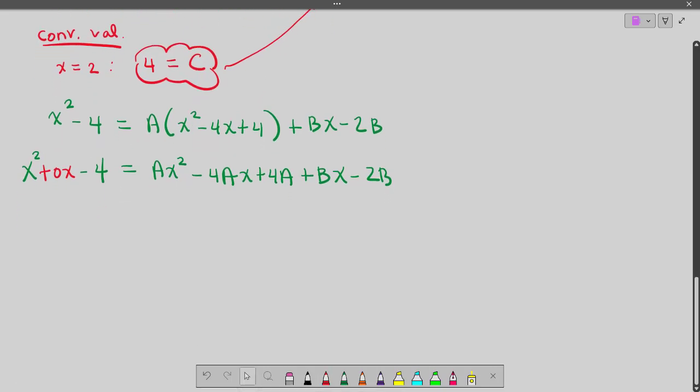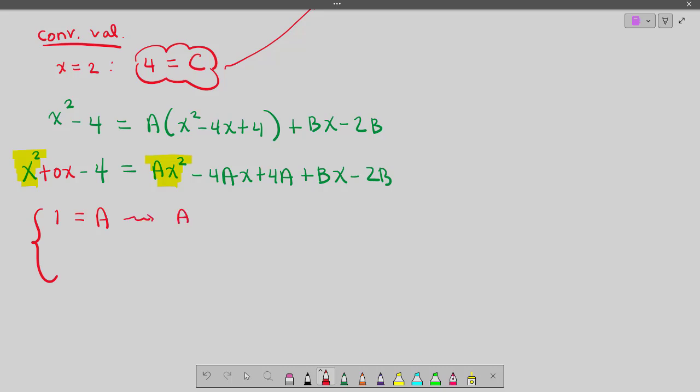What is the coefficient of x squared on the left? 1. Now we come to the right. What is the coefficient of x squared on the right? A. Oh, we just got our second. So we know that a is 1. All right, we're almost there.